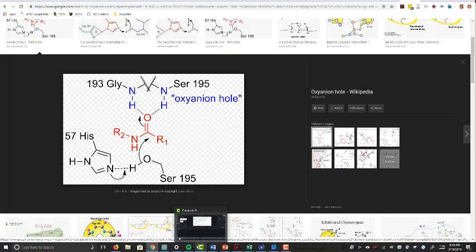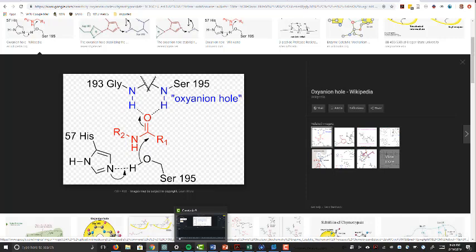You'll notice that we have 2 backbone nitrogen protons that look like they're hydrogen bonding, each with a lone pair on that oxygen. But when the negative charge goes up on that oxygen, they're going to stabilize the negative charge on the oxygen.